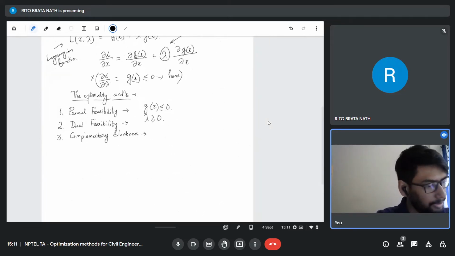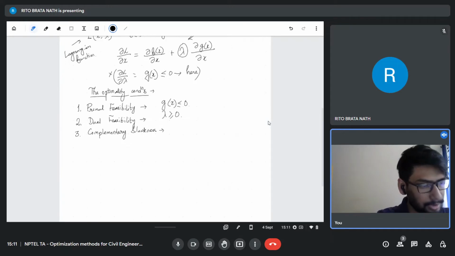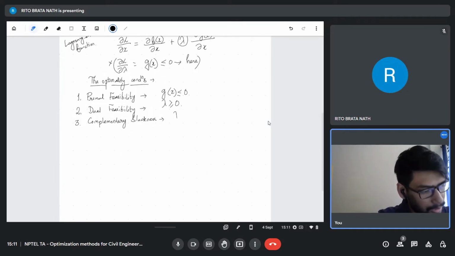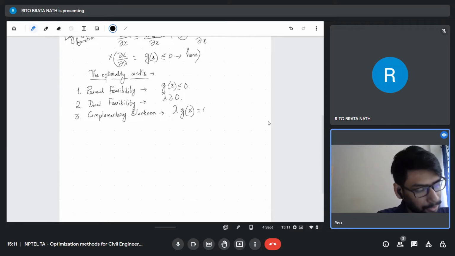So what you have is lambda times g of that feasible point x equals 0 in that setup. So either the constraint is active, so g(x) equals 0, or you have lambda equals 0 in case the constraint is not active. That's the condition here.